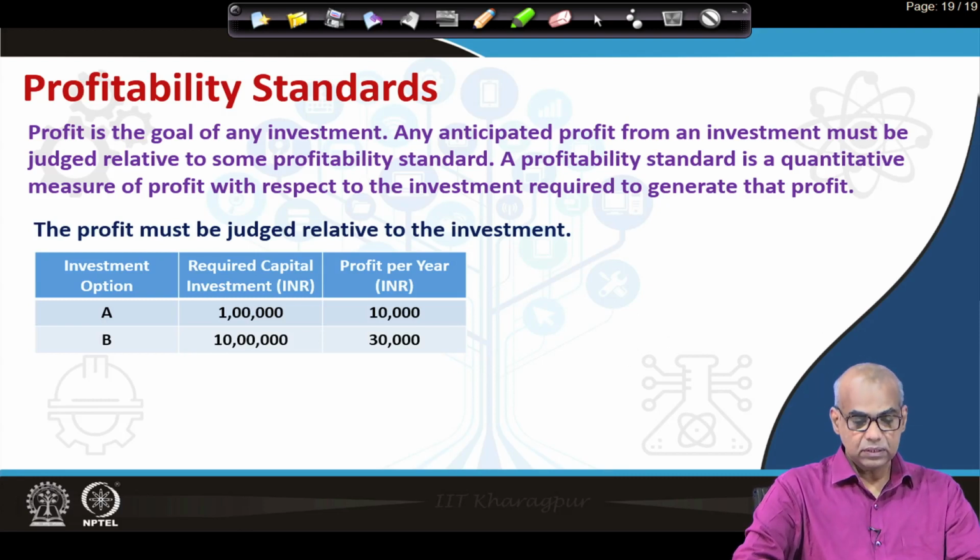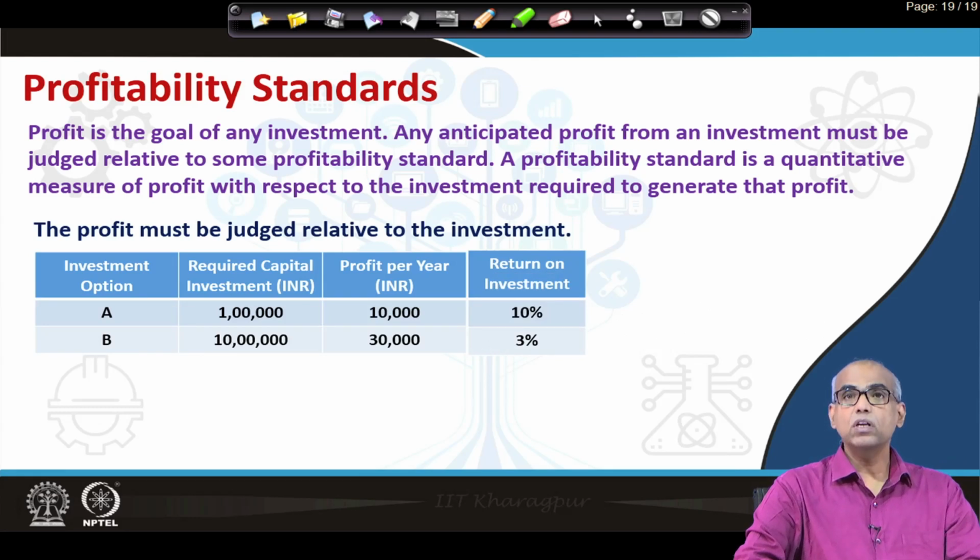While profit for option B in absolute terms is higher, what about return on investment?